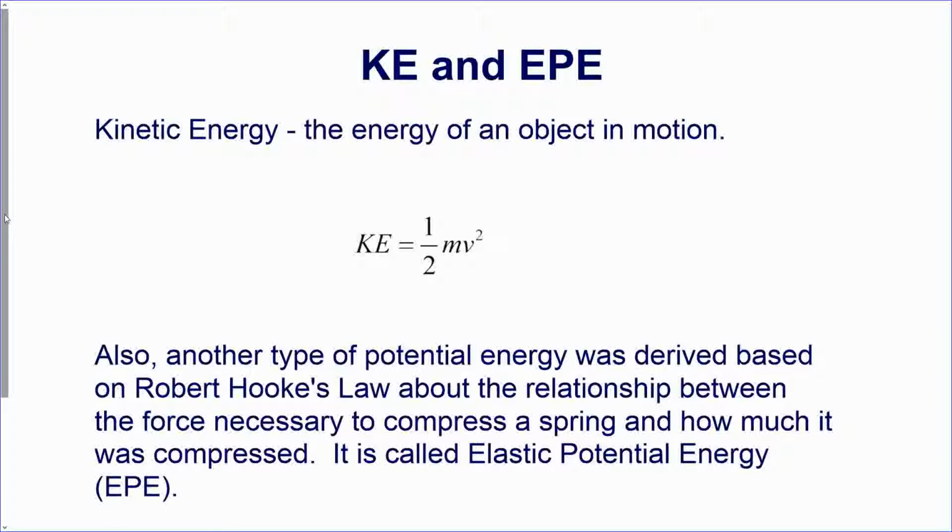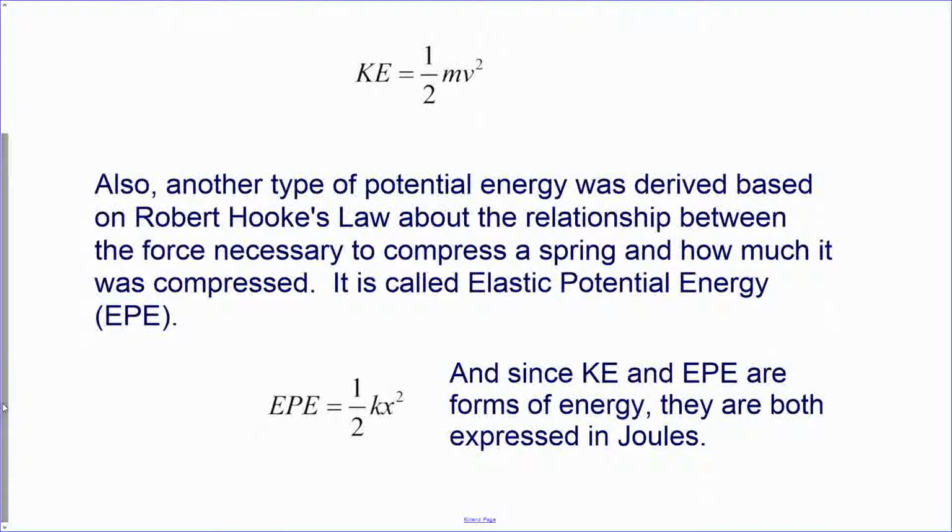Hooke's law says that the force due to a compressed spring is equal to minus kx, where k is the spring constant and x is the displacement of the spring. The negative tells us that it's a restoring force. So from that, we can get the spring potential energy, which is 1/2 kx squared.